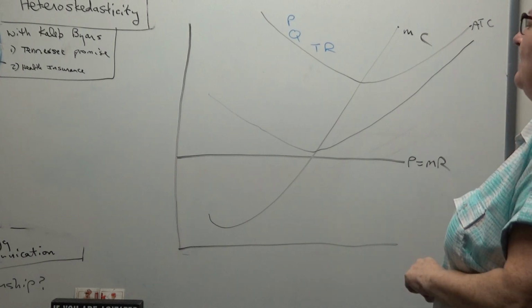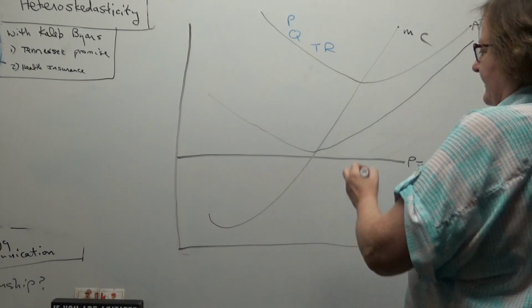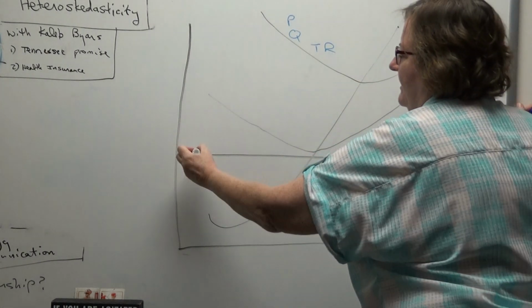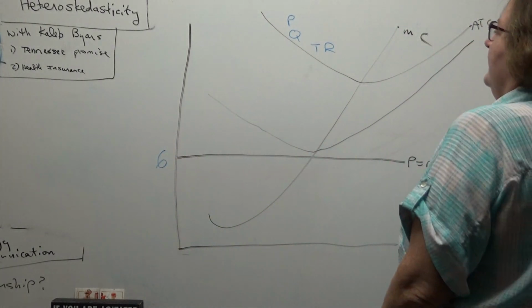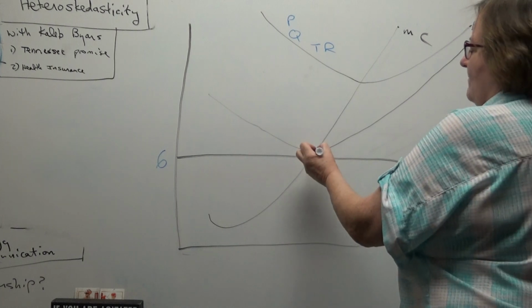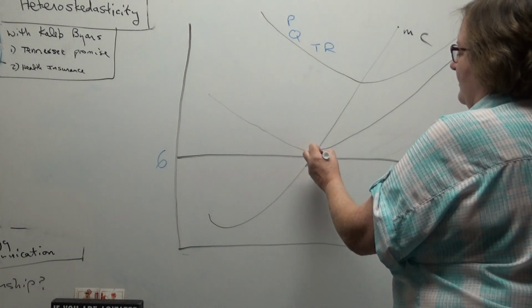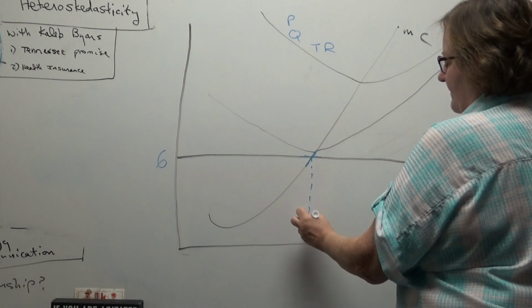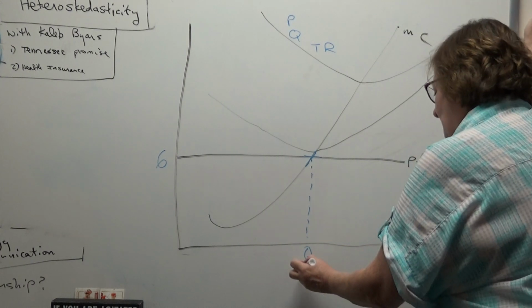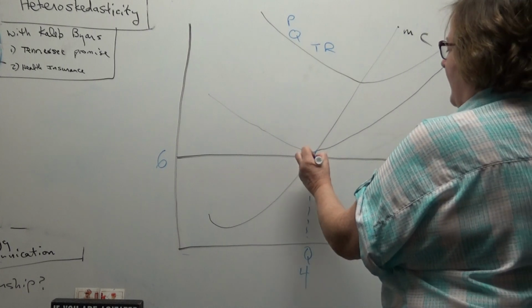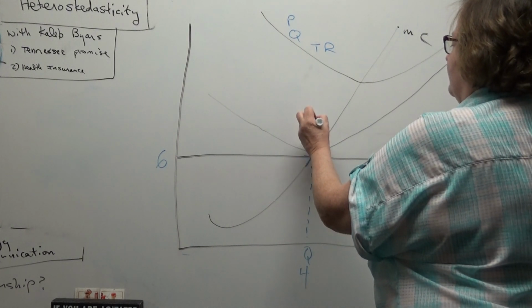Okay, so price. Well, it's going to be here, which I'm going to call 6 this time. And where MC and MR cross is going to be our quantity, which this time is going to be 4. And also, we're going to extend that straight up.